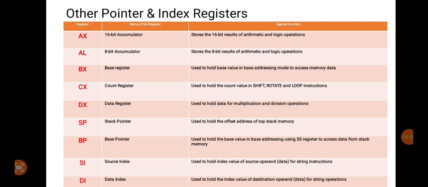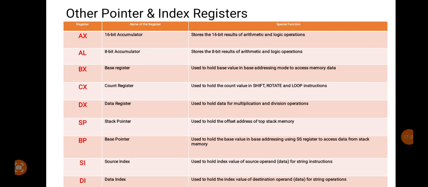BX is called the base register, used to hold the base value in the base addressing mode for accessing memory data. CX is the counter register, which holds the counter for shift, rotate and loop instructions. DX is the data register, which holds the data for multiplication and division operations.